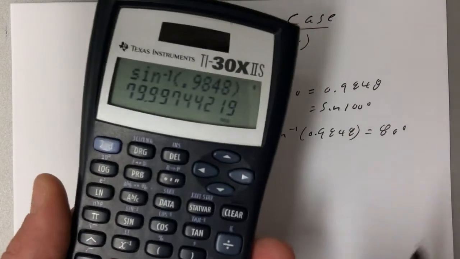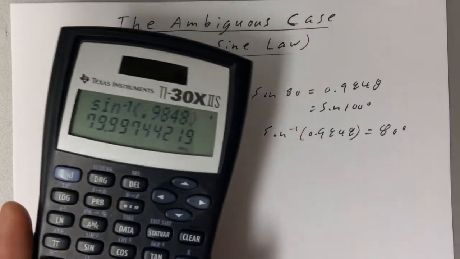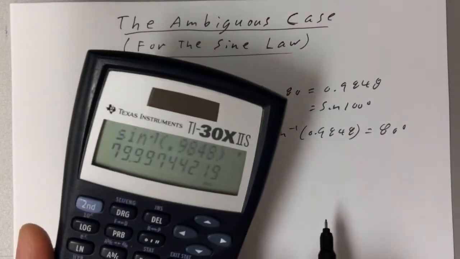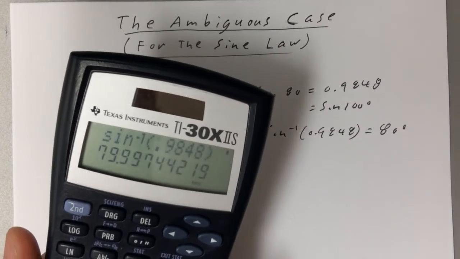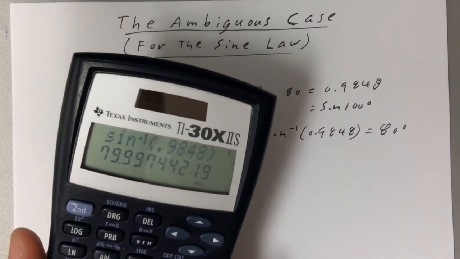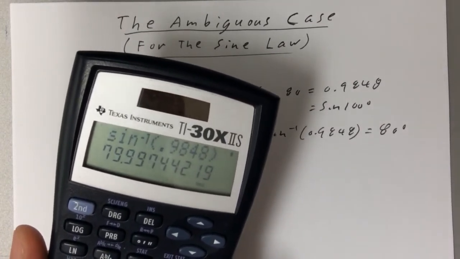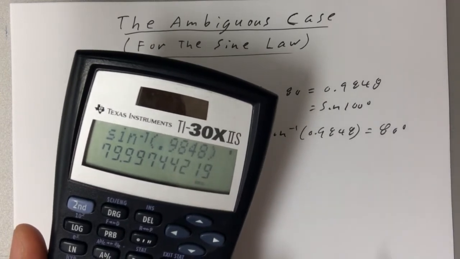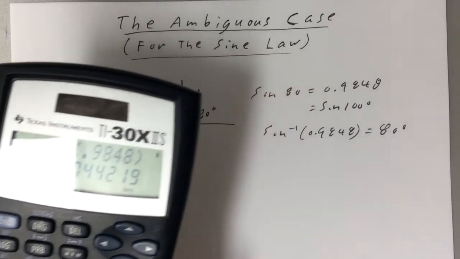This is kind of like when you're dealing with quadratics. If you want to find the inverse of y equals x squared, and you think that it's y equals the square root of x, that's only true when x is positive. It's not true when x is negative.